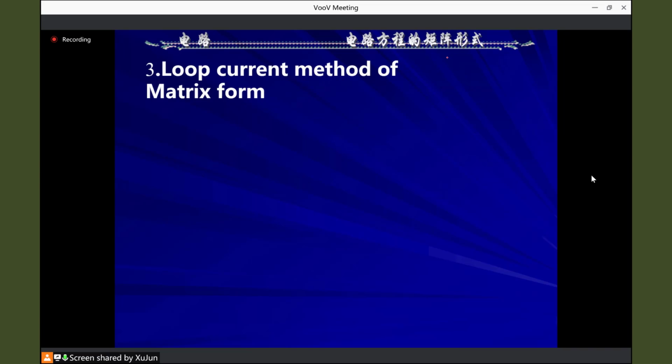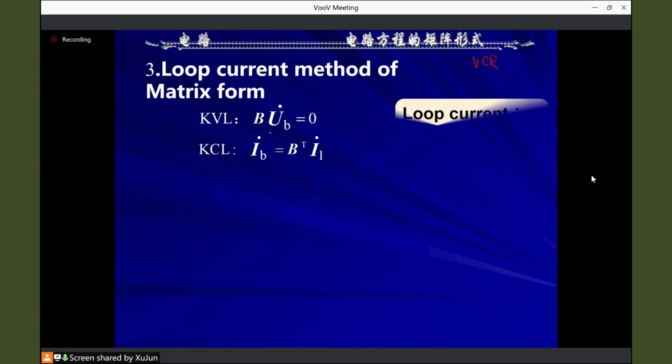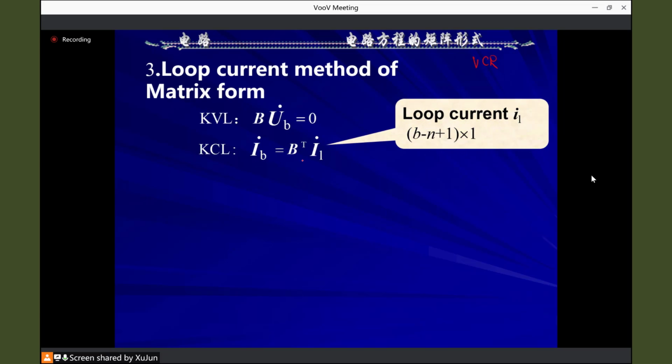Okay, we have introduced the VCR. Now we introduce the KCL. Use the loop matrix B. This KCL: use IL to express IB. IL is the loop current. And this VCR branch function: UB equals Z IB plus Z IS minus US.